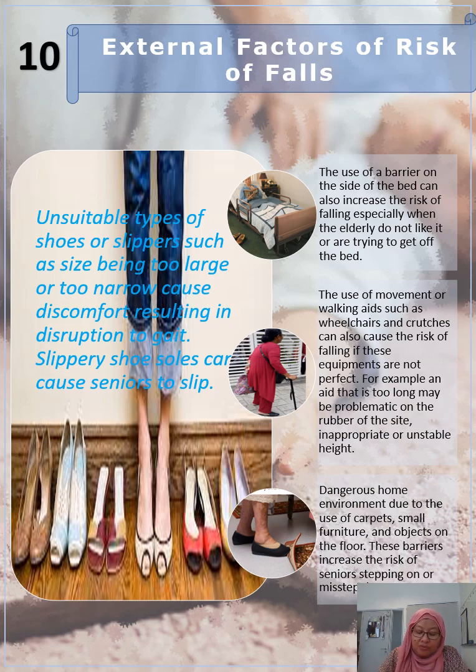Next, the use of movement or walking aids such as wheelchairs and crutches can also cause the risk of falling if this equipment is not perfect. For example, an aid that is too long may be problematic on the rubber of the side, and an inappropriate or unstable height may challenge the ability to control the postural balance of the elderly.